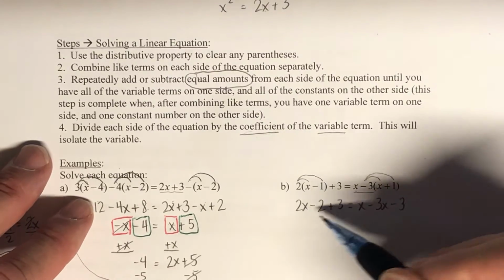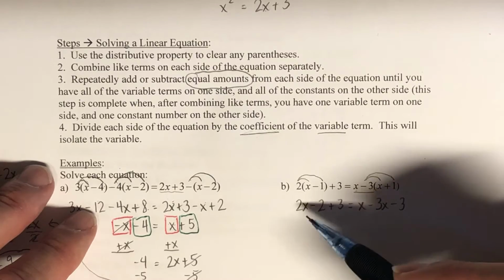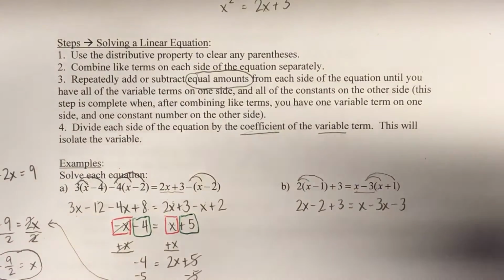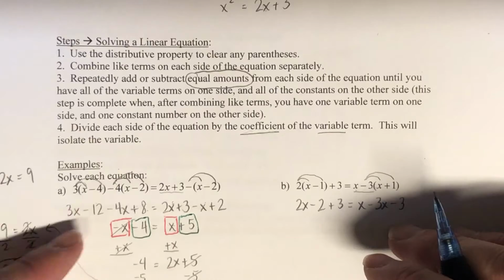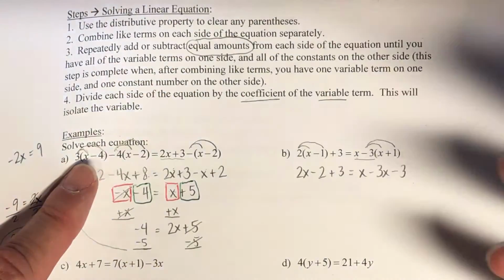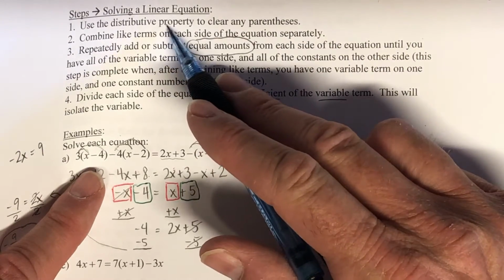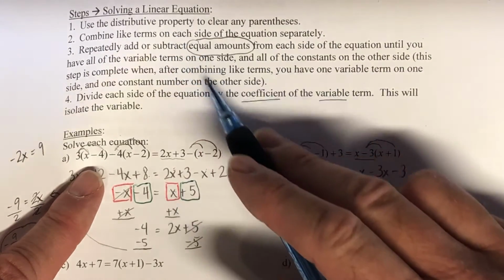When you have a polynomial on each side, just monomial terms being added and subtracted, and there are no x squareds or x to the thirds, then you know that it's a linear equation.